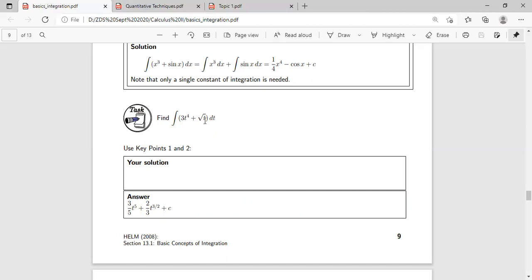So that will be t raised to 1/2 plus 1. It will be t raised to 3/2 or 1.5. Then I divide by 1.5 or 3/2. But now 3/2 cannot be below another fraction. So I multiply by the reciprocal, I get 2/3.